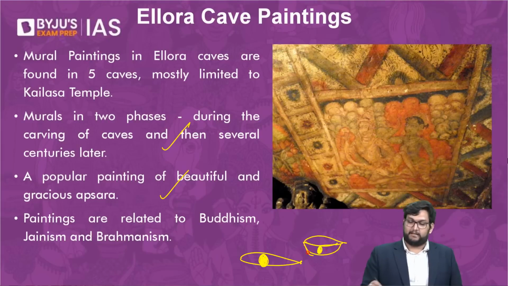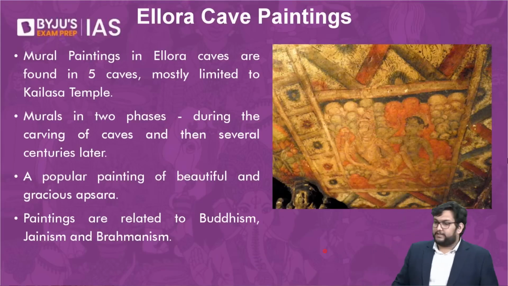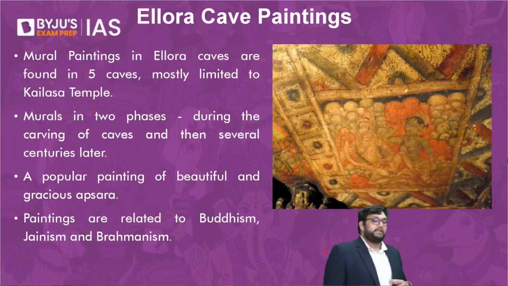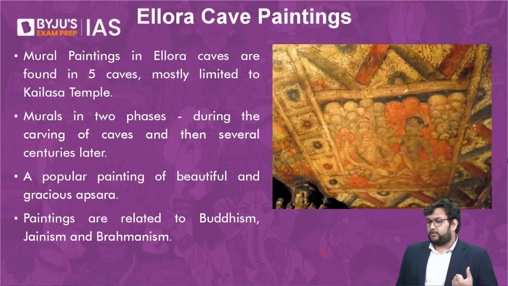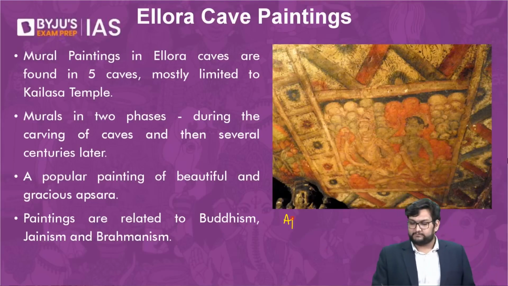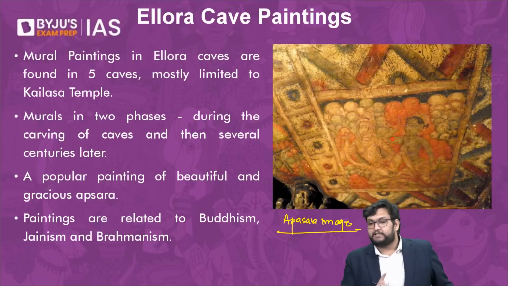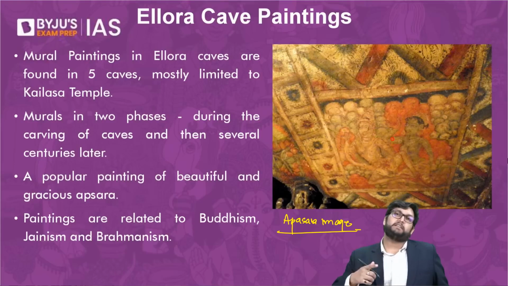The eyelids are half. Now, when we go to the Ellora caves, we have the Apsara image. And in the Apsara image, what we see is that the same type of issues remain, which means that at Ellora, the culture of painting was the same.